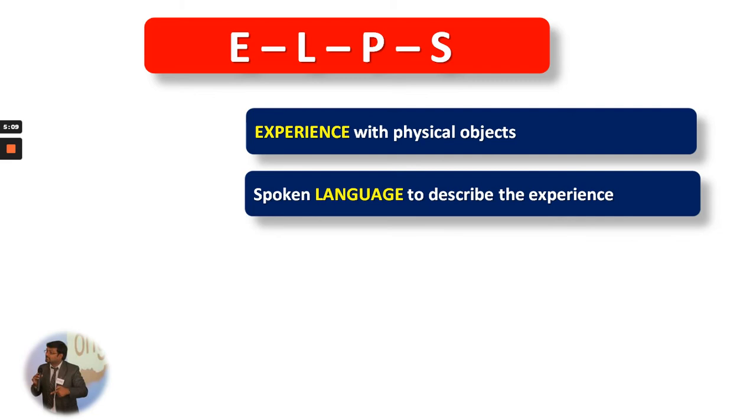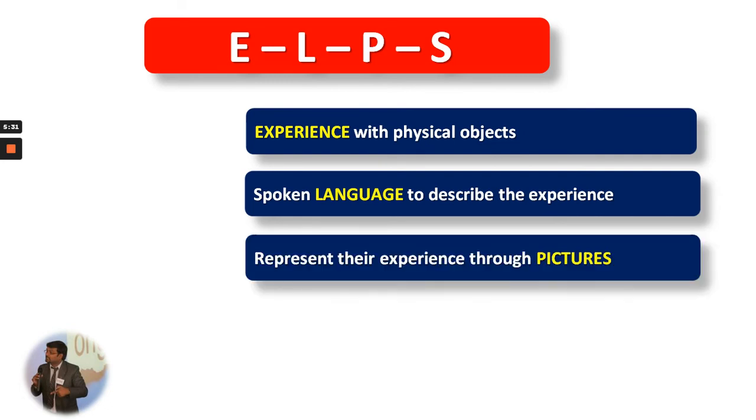The second stage is that you also help children describe their own experience using spoken language. Let them experience it first, then you describe their experience, then you help them describe their own experience. We are not emphasizing written language, only spoken language.